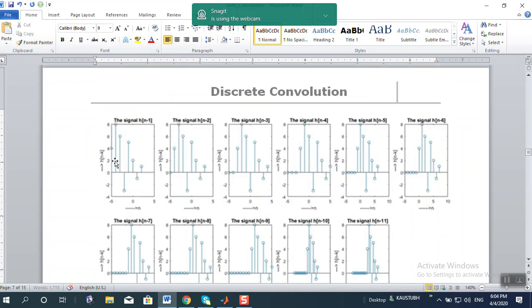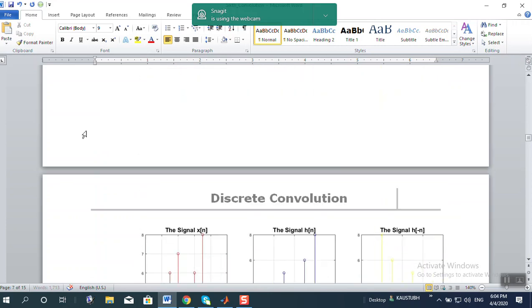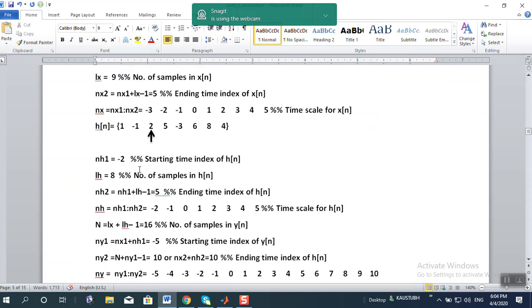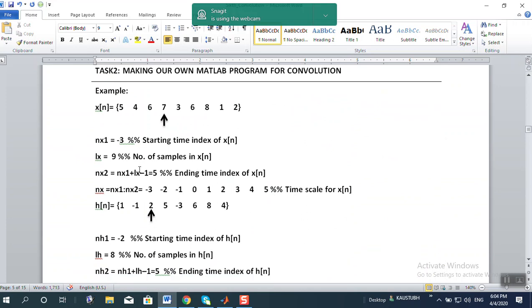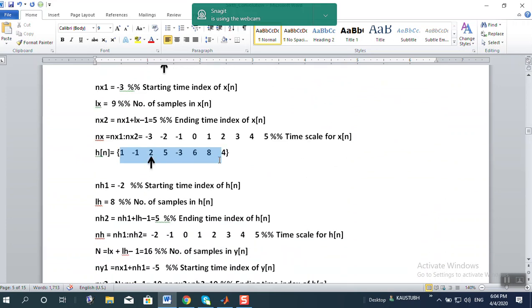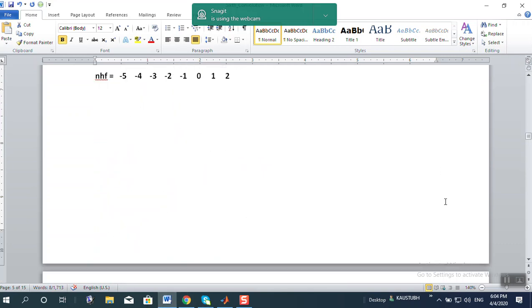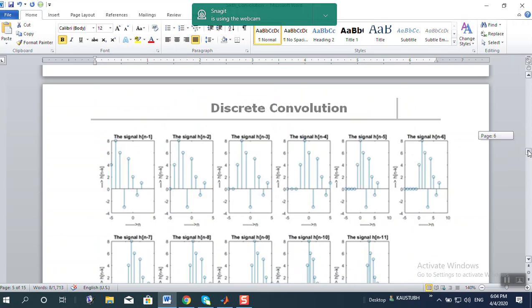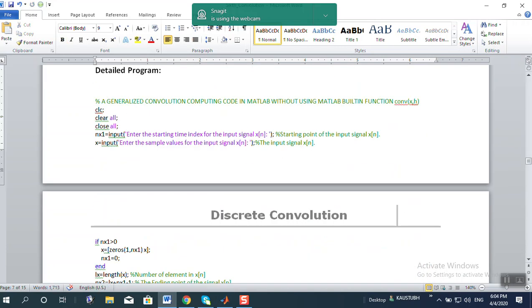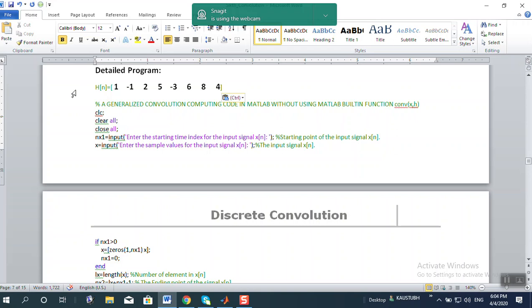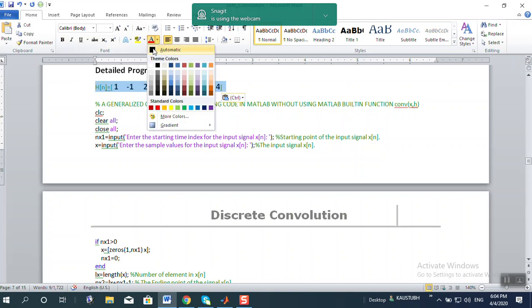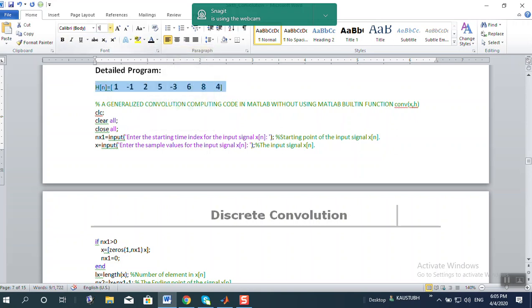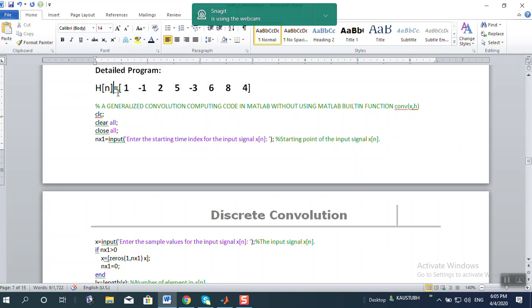So your H, with the same example only I'll do it, H of n is this.